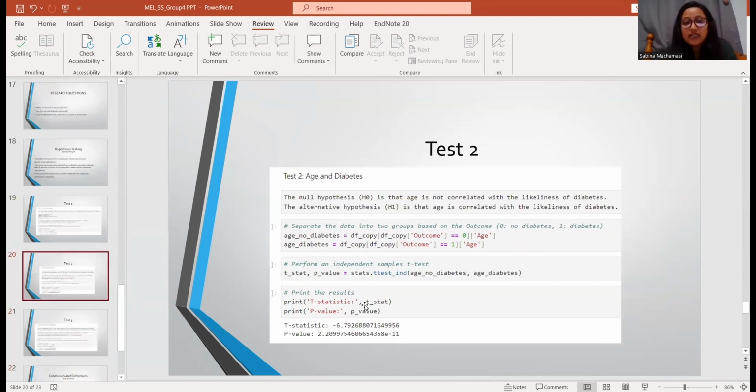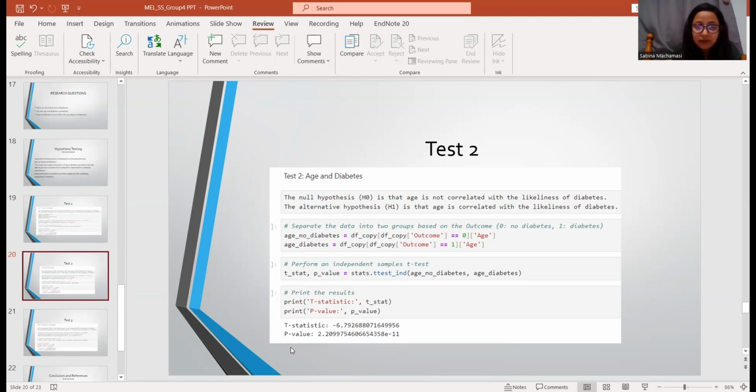The second test we conducted is about age and diabetes, which is our second research question, whether age and diabetes are correlated or not. The null hypothesis is that age is not correlated with the likeliness of diabetes. On the contrary, the alternate hypothesis is that age is correlated with the likeliness of diabetes.